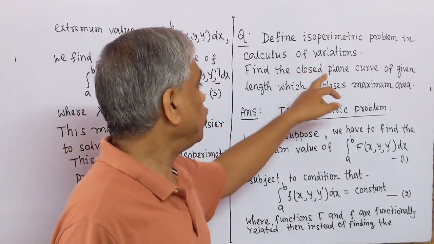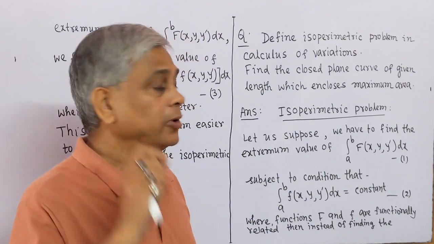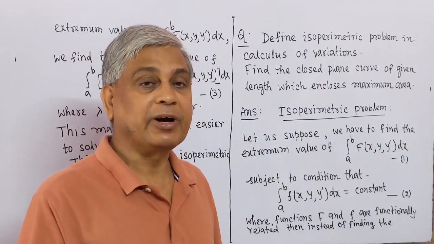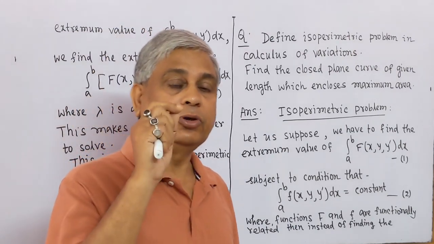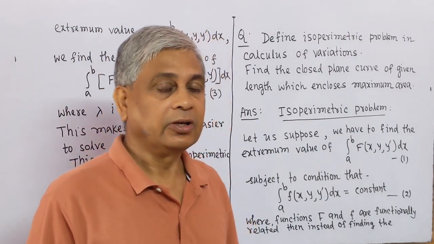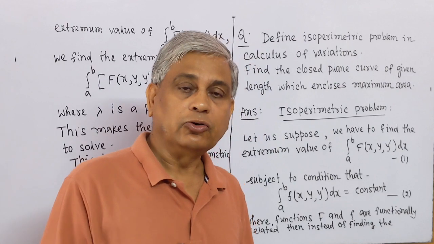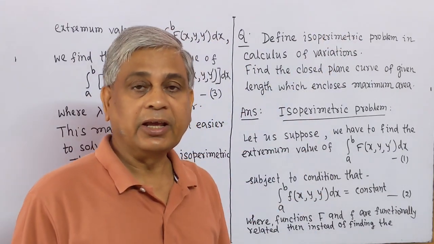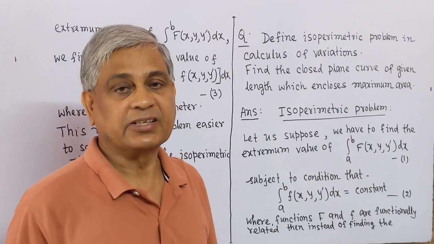Find the closed plane curve of given length which encloses maximum area. Now we solve this. Firstly, we define isoperimetric problem in calculus of variations.